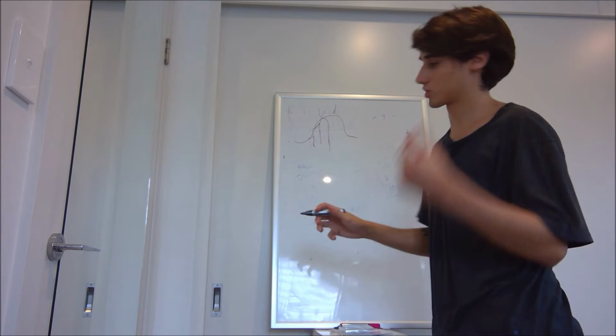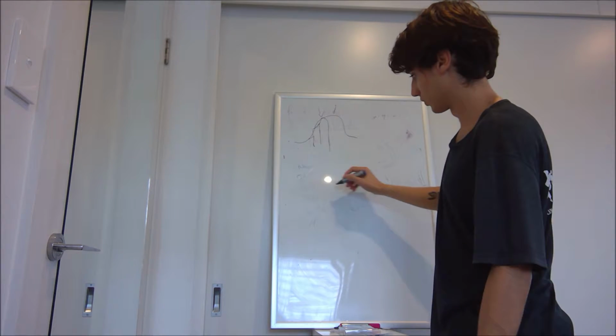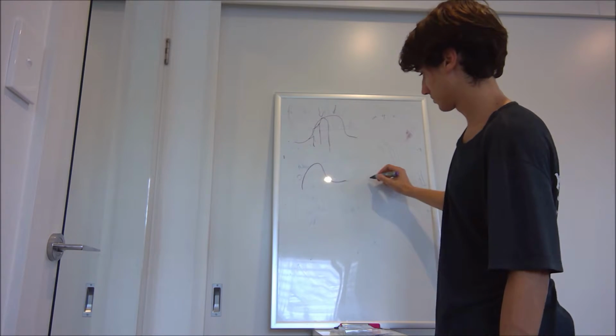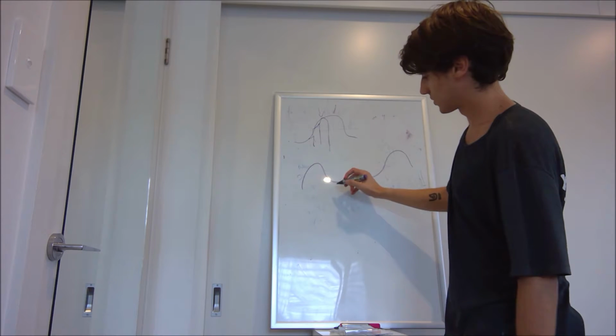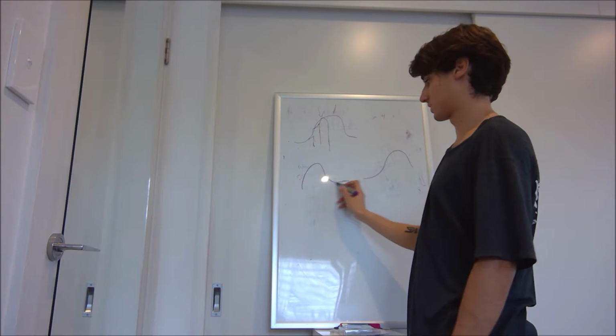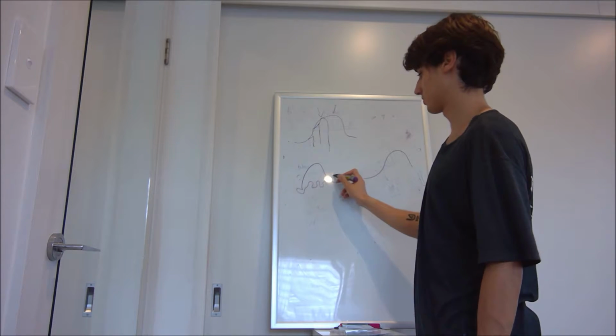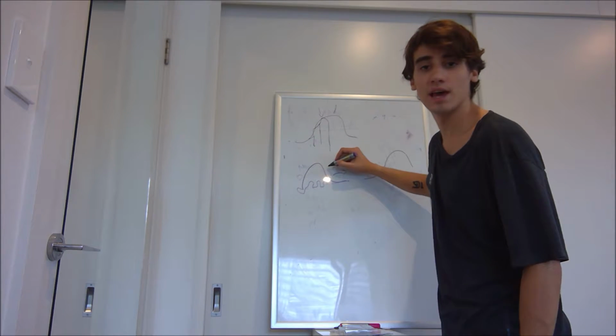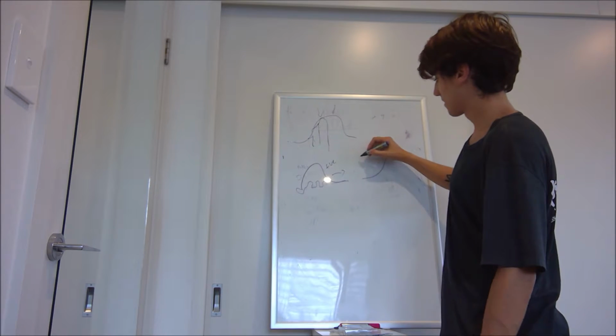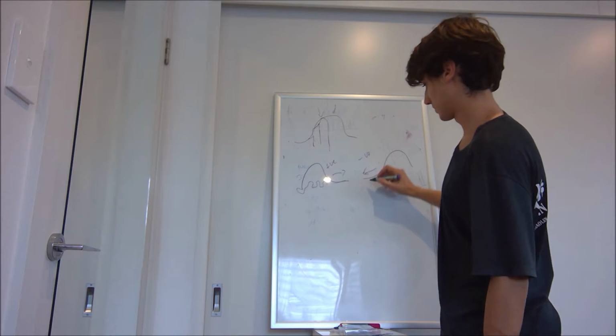An asymmetric or skewed bar graph will look like this, or this. This is a right skew because the tail of a rat, per se, goes to the right, also known as a positive skew. And this is a negative skew because the tail goes to the left.